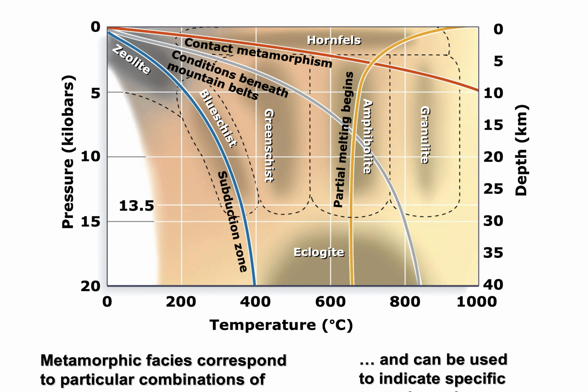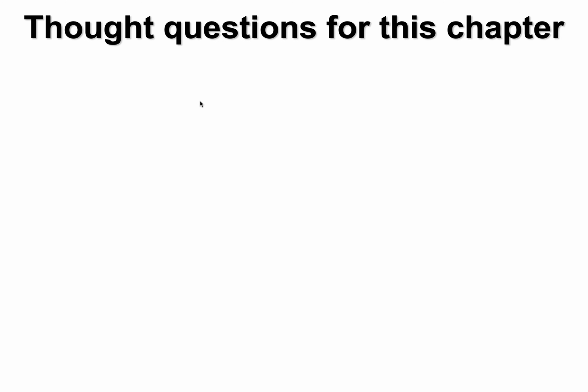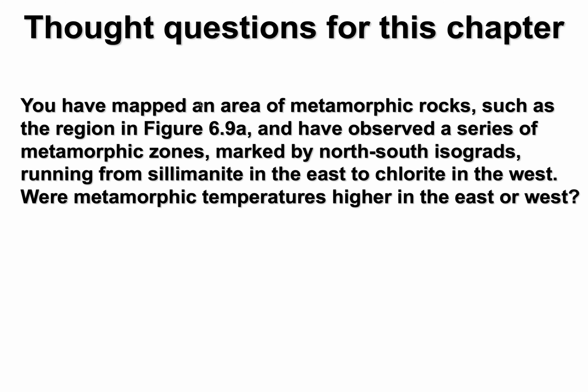They can be used to indicate specific tectonic environments. That has also been cut away, so please feel free to open the PowerPoint which I have uploaded. Now I have some short questions for this chapter.